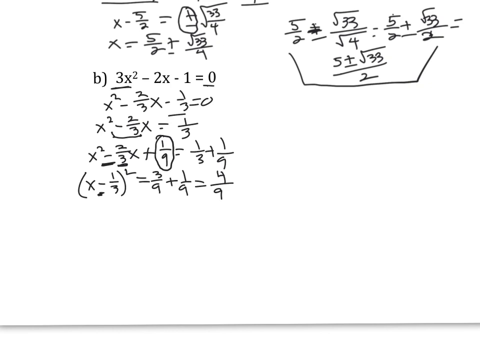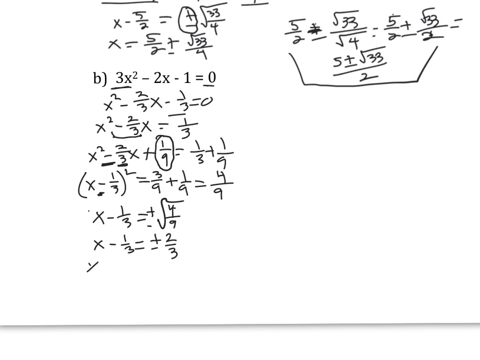So now we'll square root both sides and get x minus 1/3 is equal to the square root of 4 over 9. But again, it has to be the positive or negative. But this is actually a perfect square, so we can say x minus 1/3 is equal to plus or minus 2/3, which is the square root of 4/9.